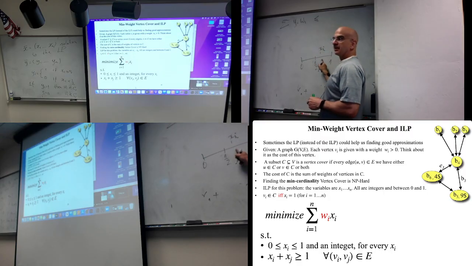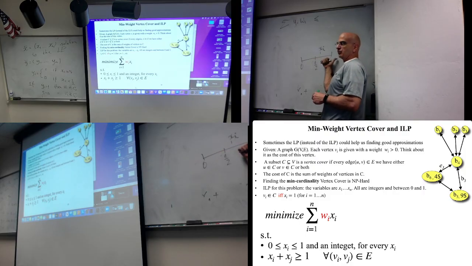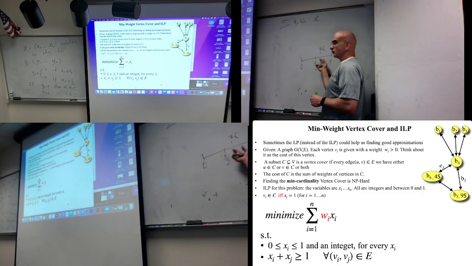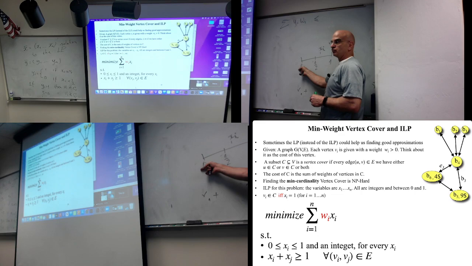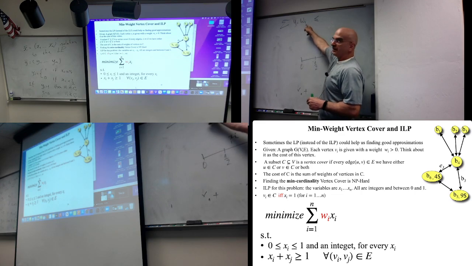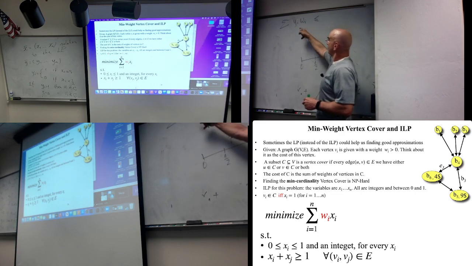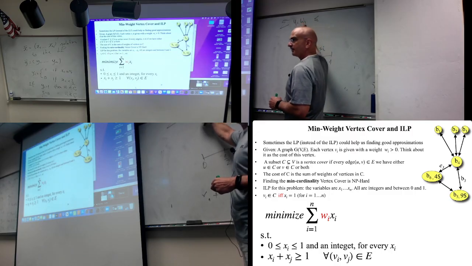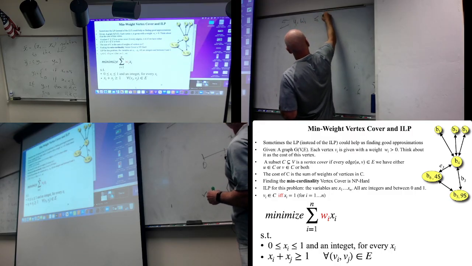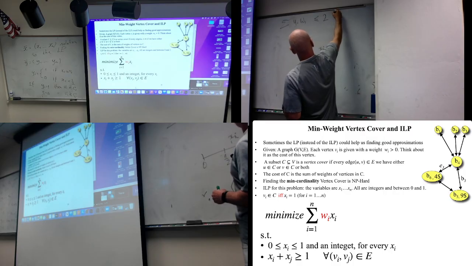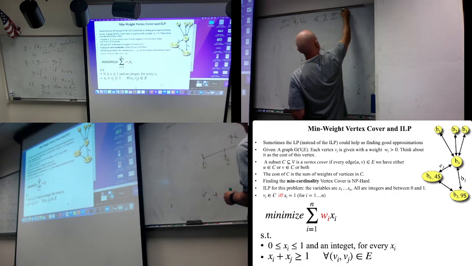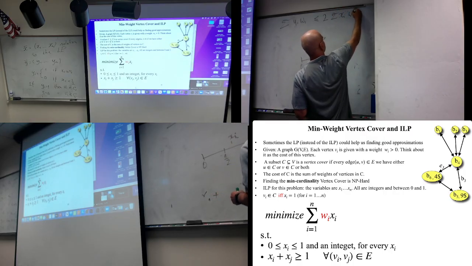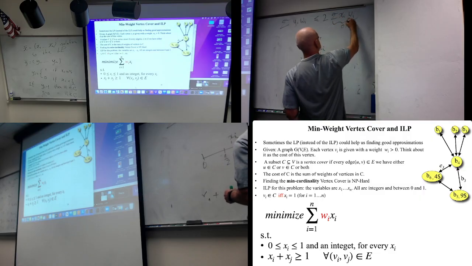And if xi is larger than half, then I'm rounding it to be 1. At most double its value. If it's smaller than half, then I make it 0. So you only sum up here the values for which the xi was already at least half. So this is at most twice sigma of xi wi, and we said that's the opt.